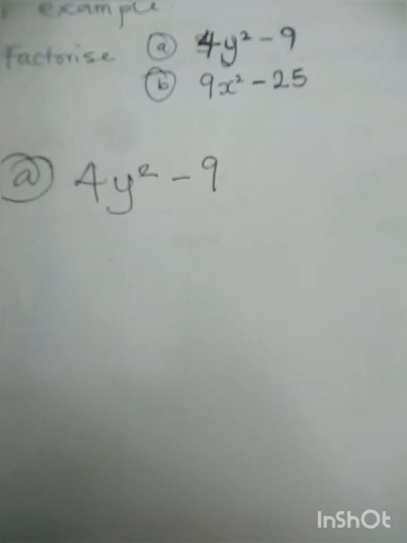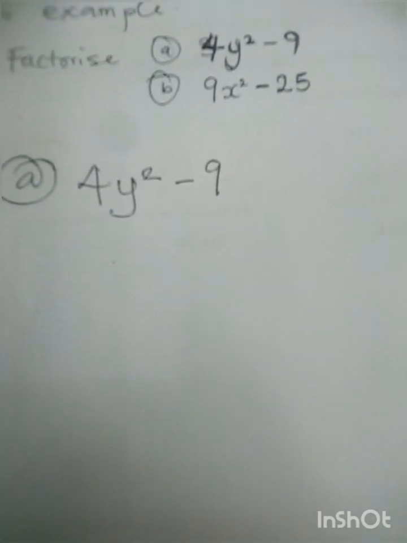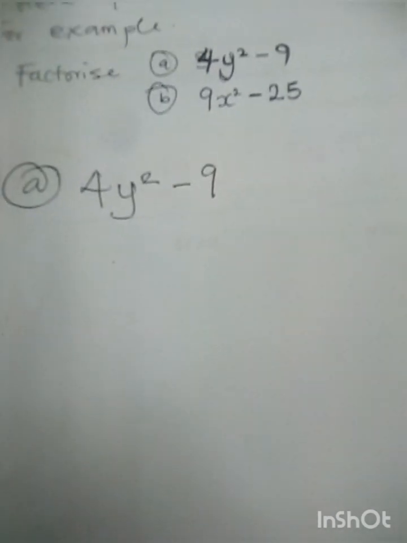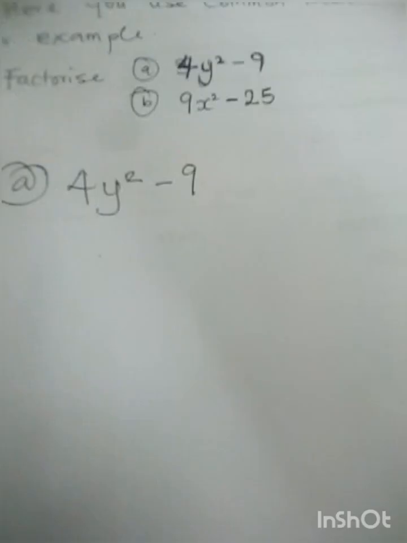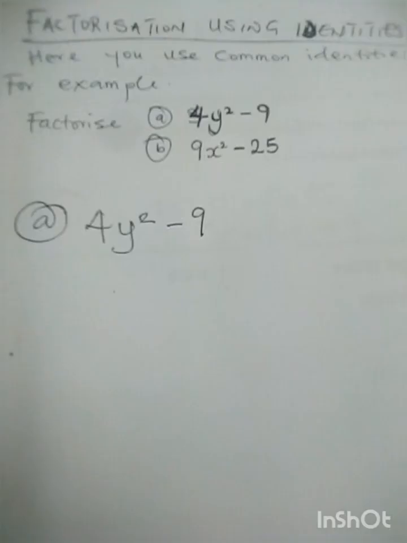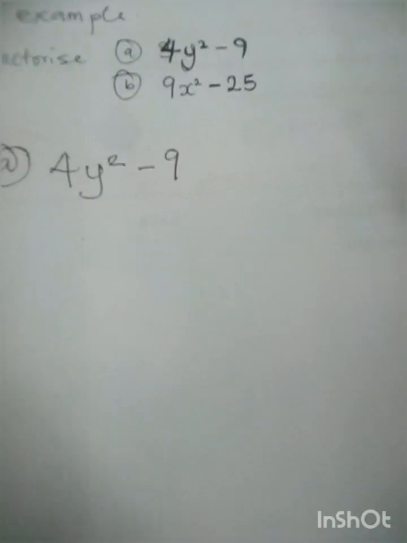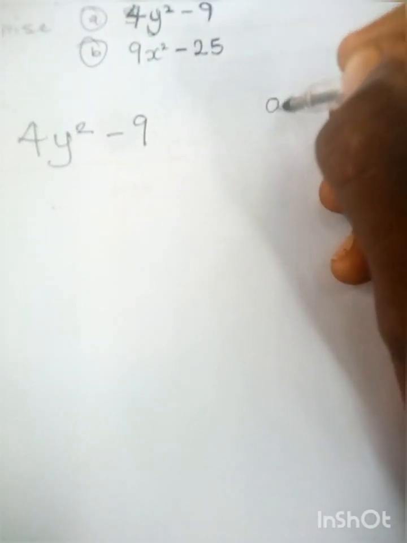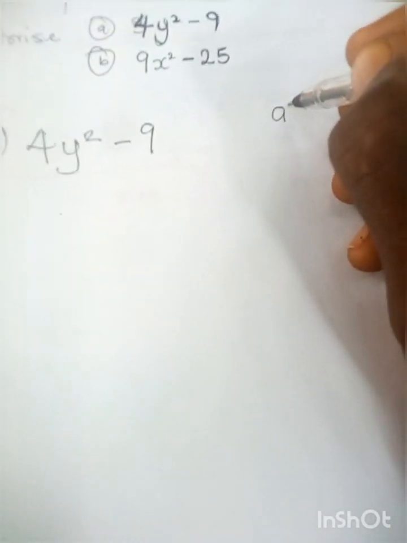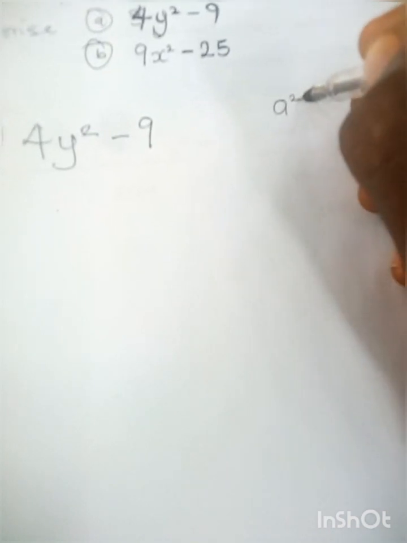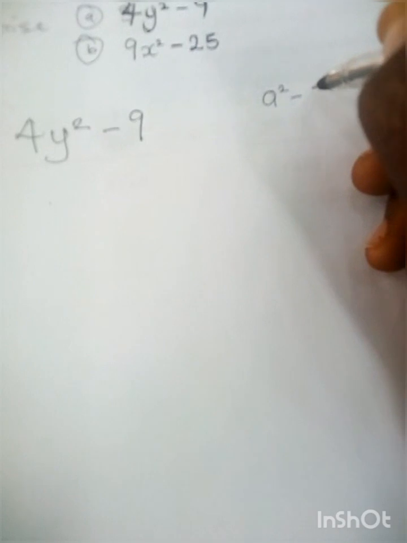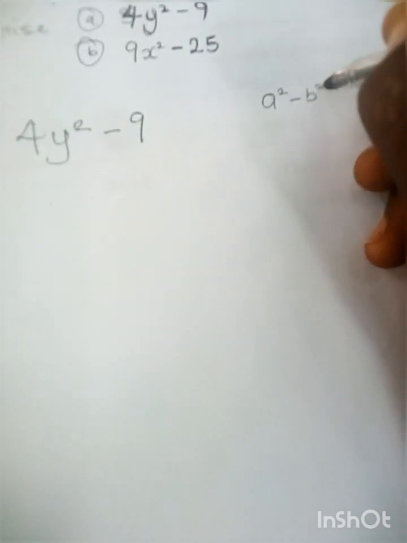But we can follow that first basic method that I gave earlier in this video, which is this. Let me bring it down. I said a squared minus b squared is equal to what?